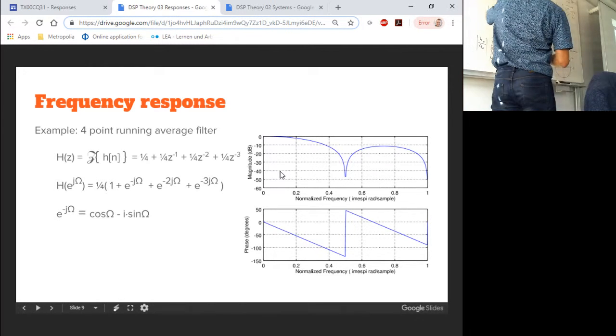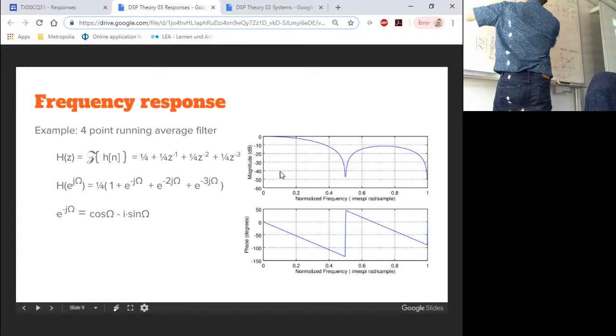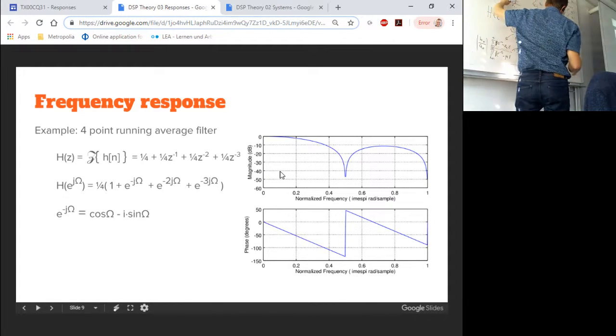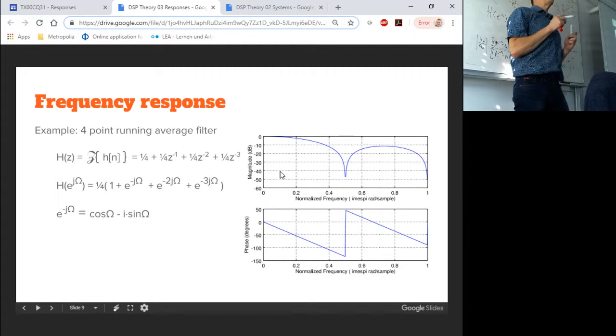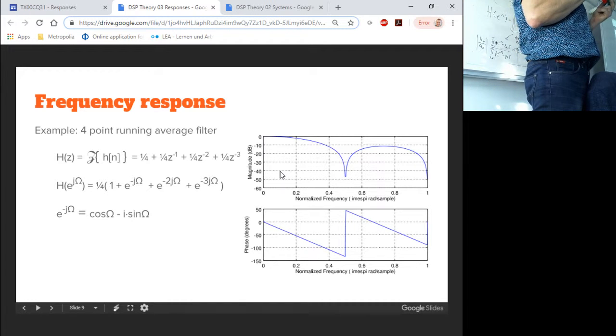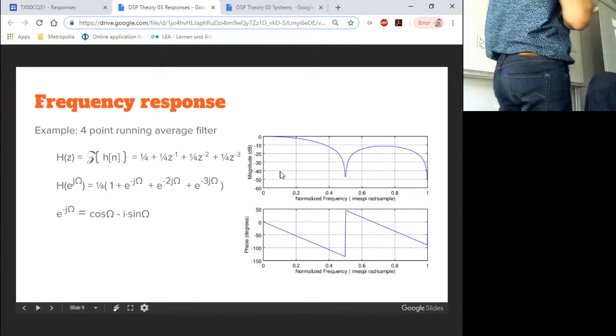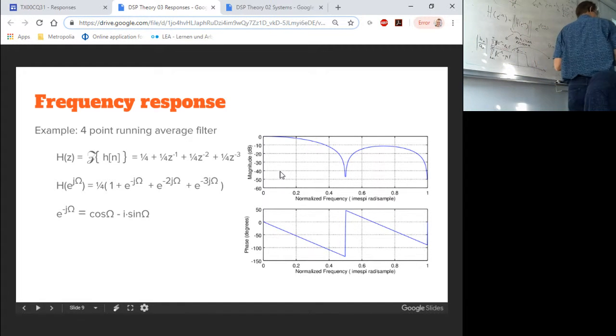On physical frequencies, the angle right there is pi. It happens when f is the sampling rate over 2, which is the Nyquist frequency, the highest frequency that can be sampled on that system without aliasing.